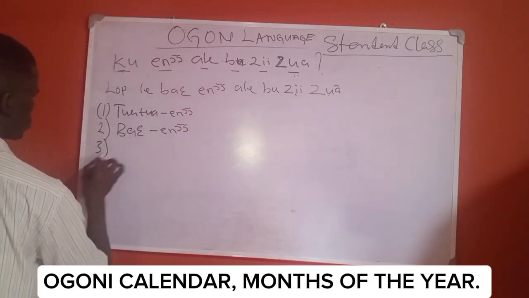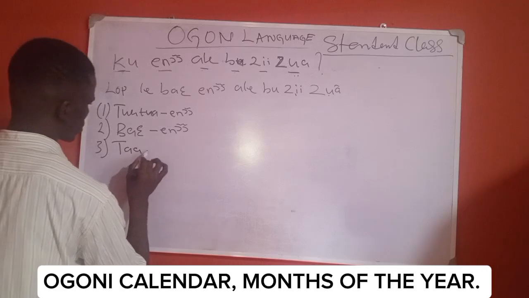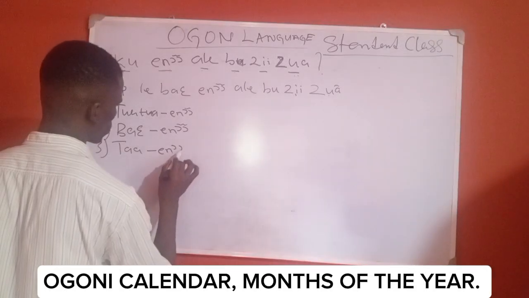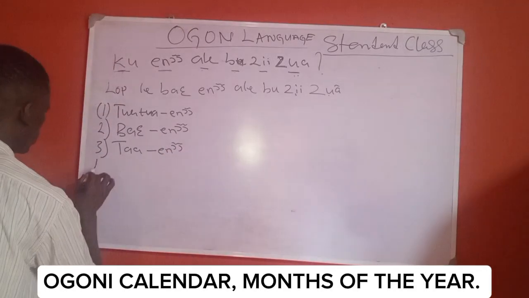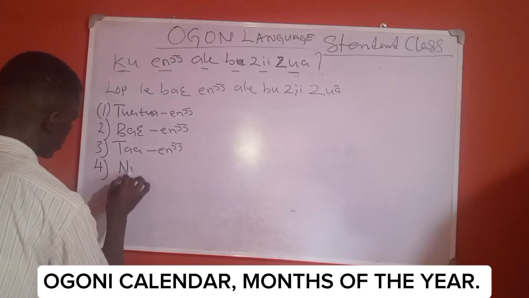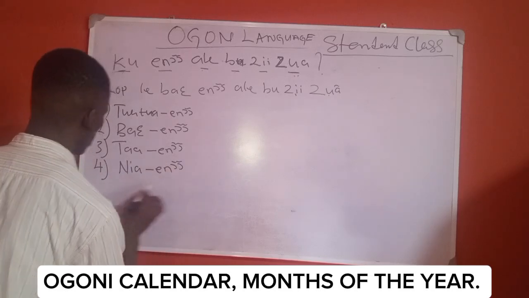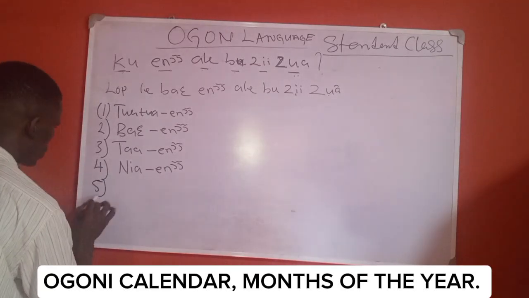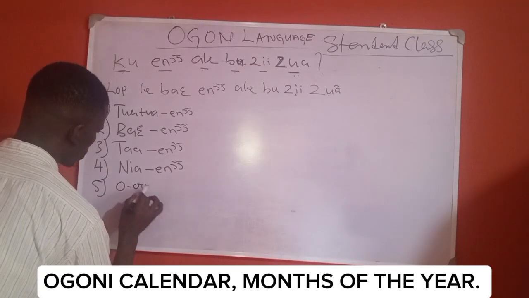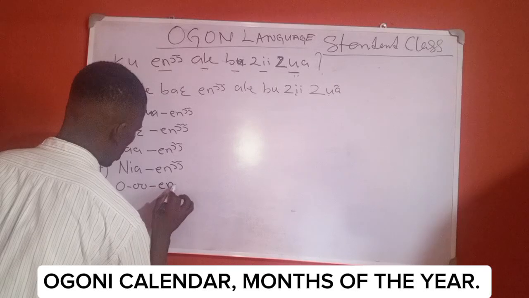We have 3, which is pa eno. We have number 4, nia eno. We have 5, o eno.